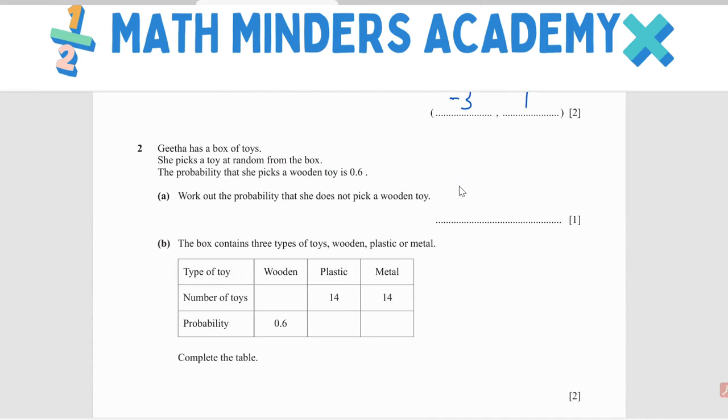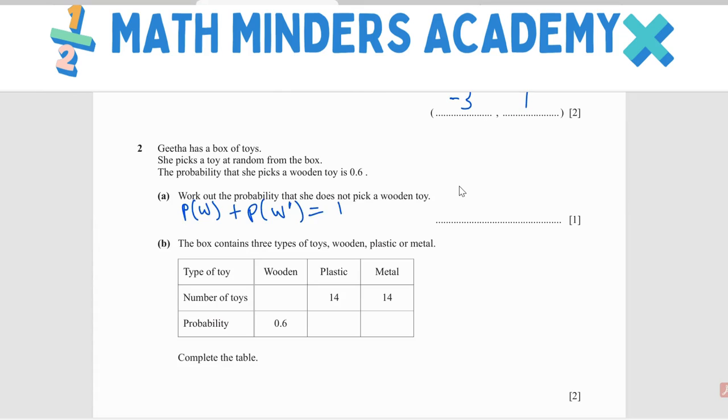So question number 2, we are told that Geta has a box of toys. She picks a toy at random from the box. The probability that she picks a wooden toy is 0.6. A, work out the probability that she does not pick a wooden toy. You know that the probability of picking a wooden toy plus the probability of not picking a wooden toy is going to give us 1.